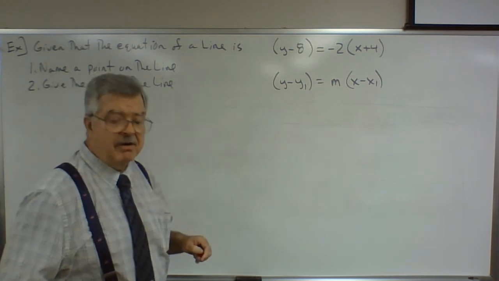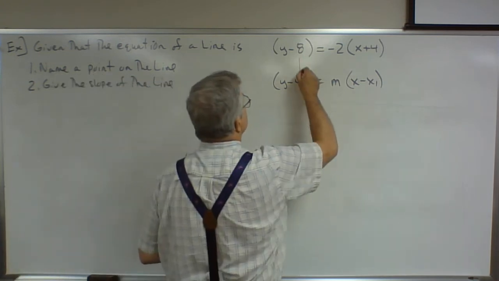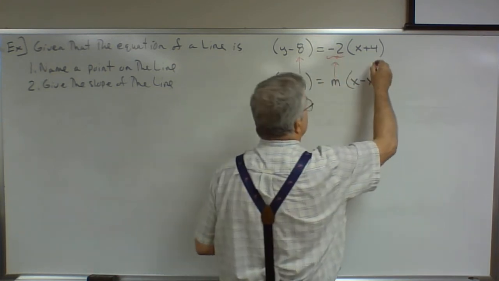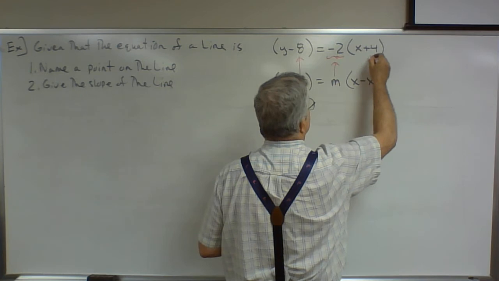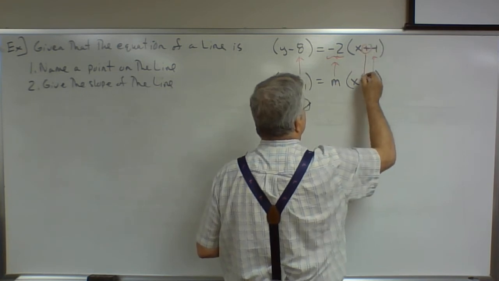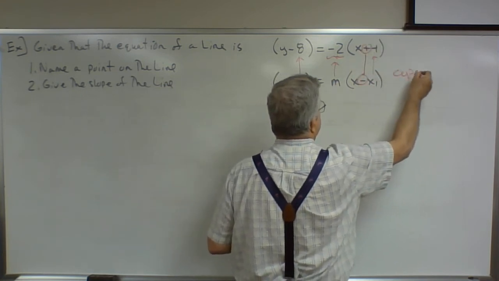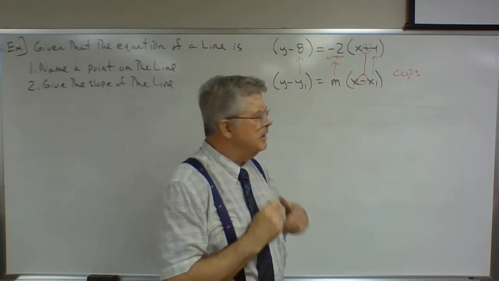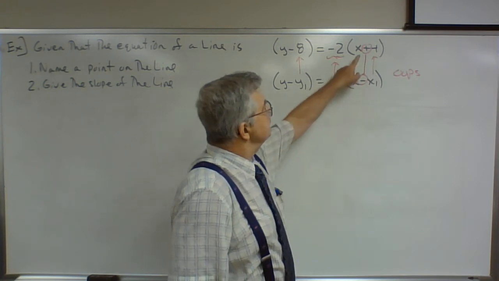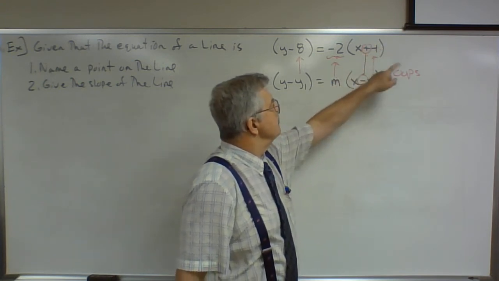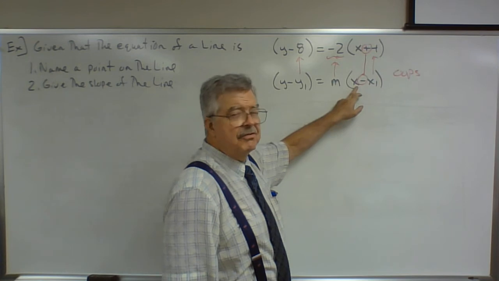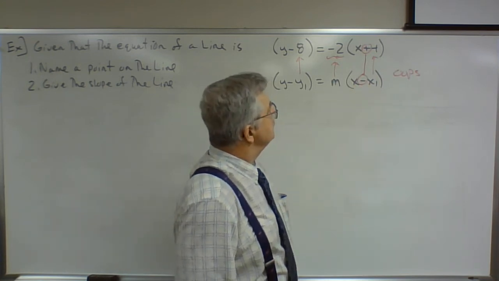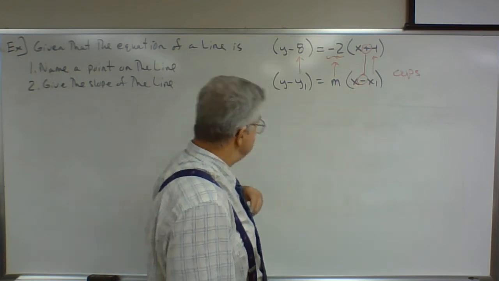And we pair up corresponding parts. And it doesn't quite work. We want this to be x minus something so that it matches the form x minus x1. So what we're going to have to do is rewrite.